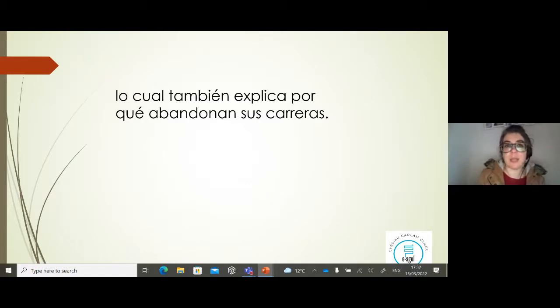Let's have a look at the second part of the text. Lo cual también explica por qué abandonan sus carreras. So again, you want to try to think which words could create a bit of difficulty. Could be lo cual. So maybe write down above the words that you know. So you know that also, explica. What tense is it?